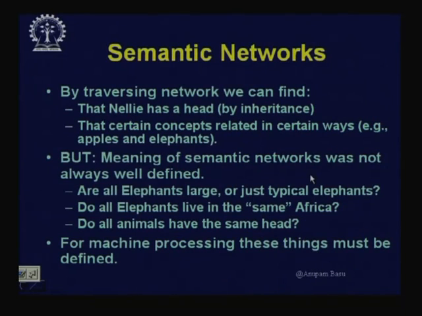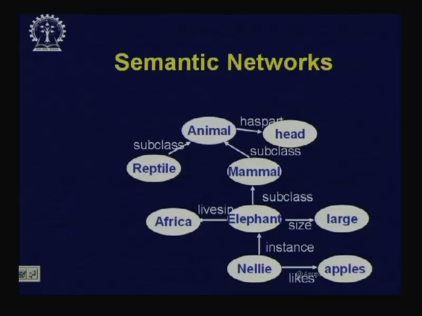But the meaning of the semantic network was not always well defined. Even in this case, not all the meanings are very clear from the description that we have given. For example, we cannot really say whether all elephants are large or just typical elephants are large. In the real world, maybe all elephants may not be very large, but as we have done over here, it is apparent that we will infer all elephants to be large.